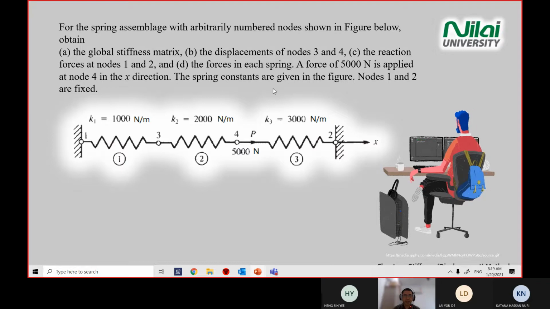The spring constants are given. Nodes 1 and 2 are fixed, meaning they are joined to the wall. Now we need to find 4 things. Number 1 is the global matrix. Number 2, displacement. Number 3, reaction force on nodes 1 and 2. Number 4 is the force in each spring.